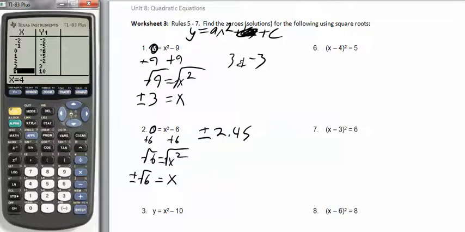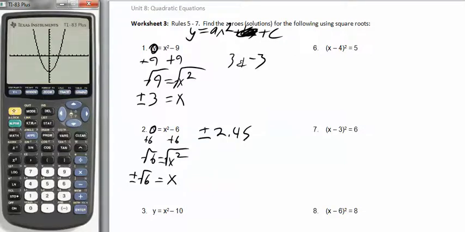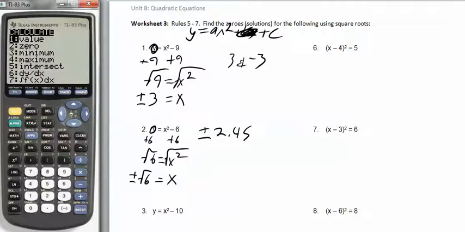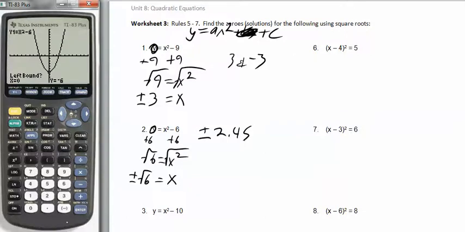So we go into graph, calculate, a 0, left bound, something over here to the left, minus 10, something here in the center, is 0, and negative 2.45. There's our negative 2.45.